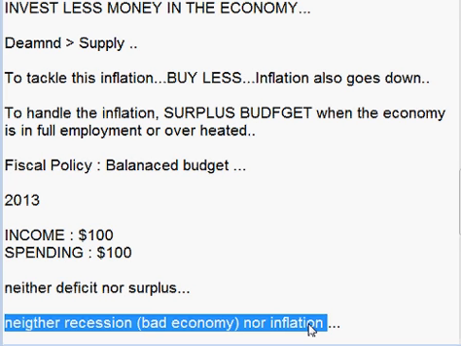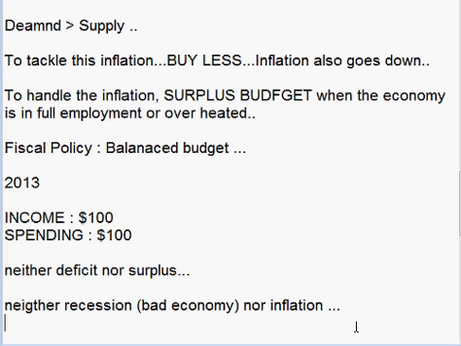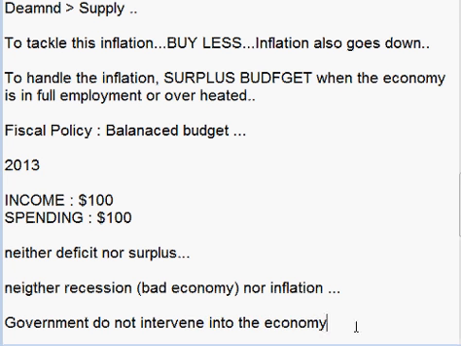So there is neither deficit nor surplus, meaning that in a balanced budget the government does not intervene in the economy, because it is not needed.